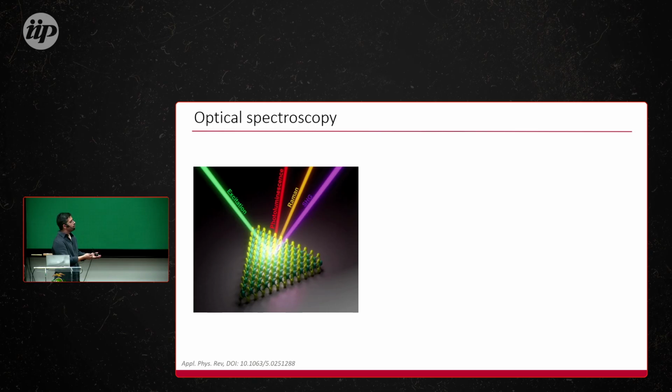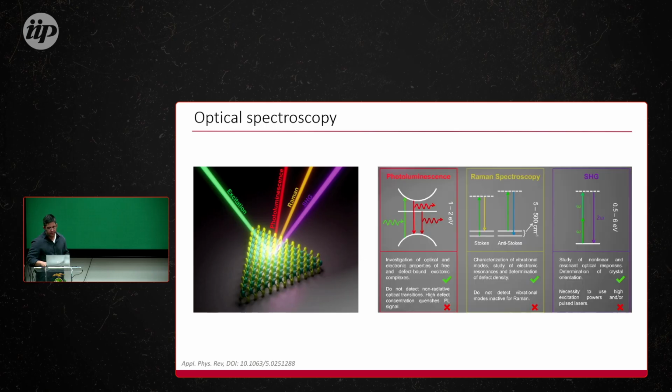I can use Raman, which gives me information about the crystal structure through phonons. And then there is SHG, second harmonic generation, which is nonlinear optics, so I'm getting information about higher order susceptibility in this case.